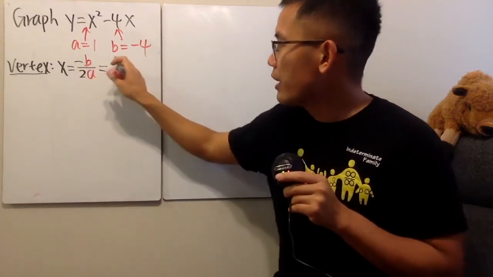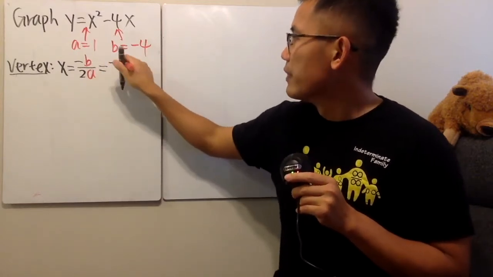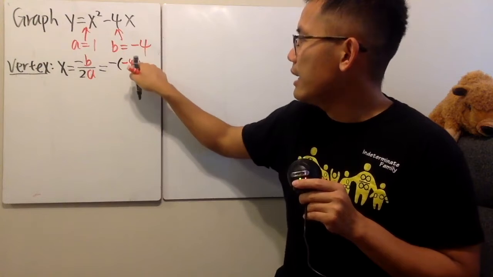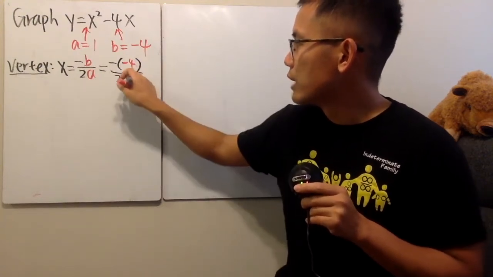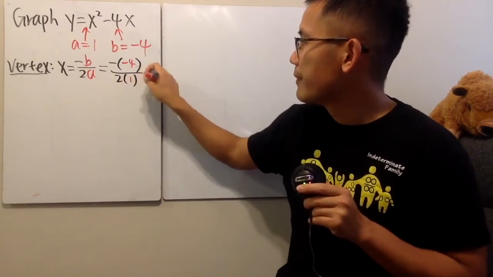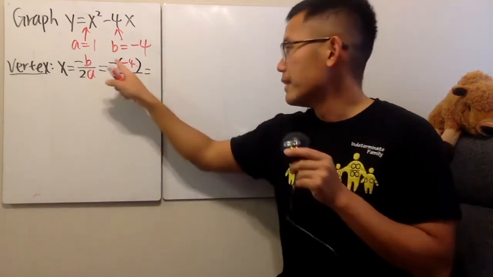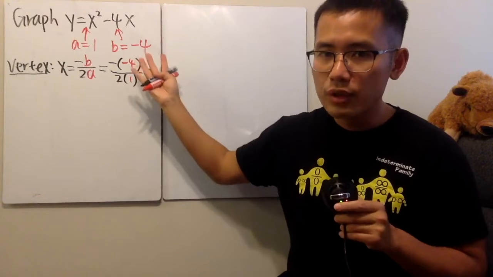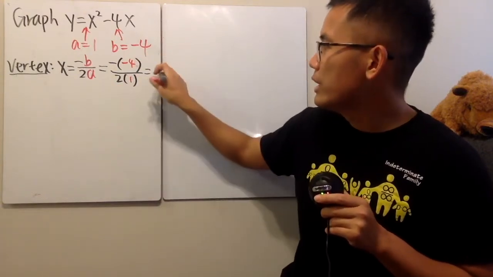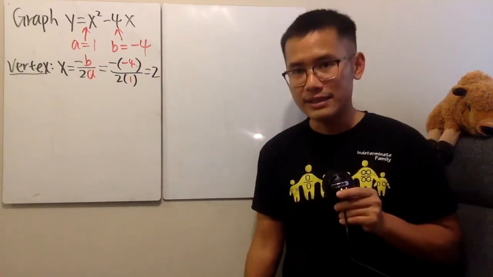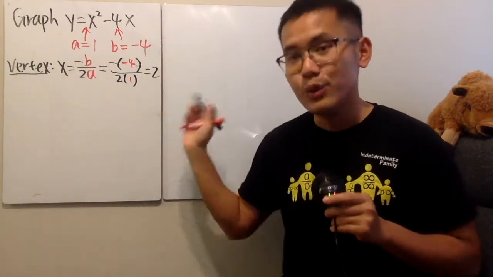Plug in negative 4 here, so we have negative, negative 4, divided by 2 times a, which is 2 times 1. Now, negative negative is positive, positive 4 on the top, divided by 2 times 1, which is 2. So 4 divided by 2, we get 2 for the vertex. This is at x equal to 2.